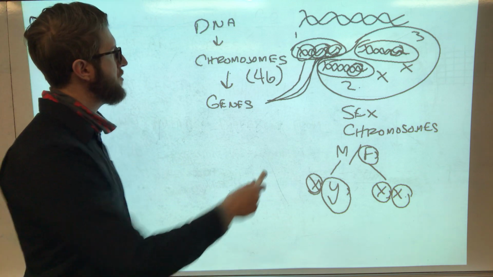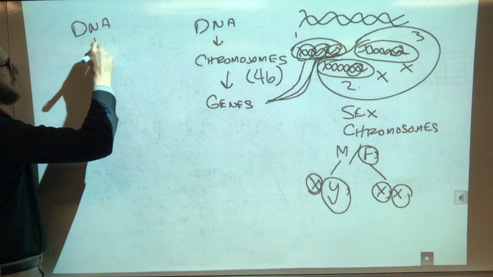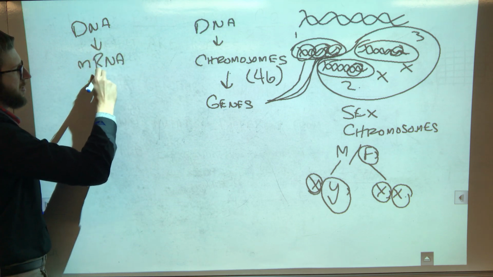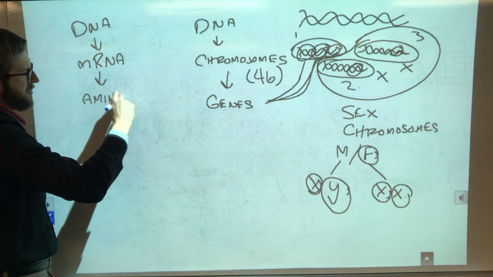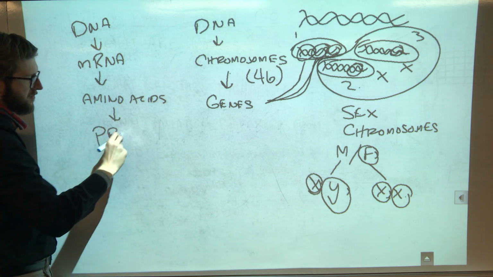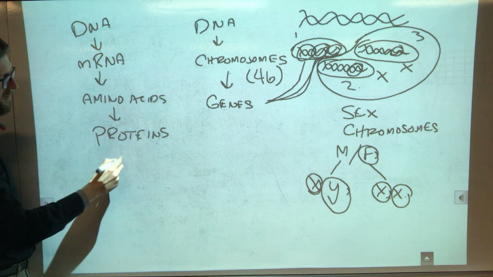Okay. So when you change the DNA, because DNA gets copied into mRNA, which gets copied into amino acids, which when you put them together make proteins. I'm just repeating what I said earlier, but in a different way.